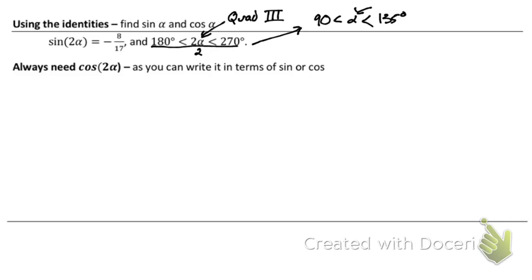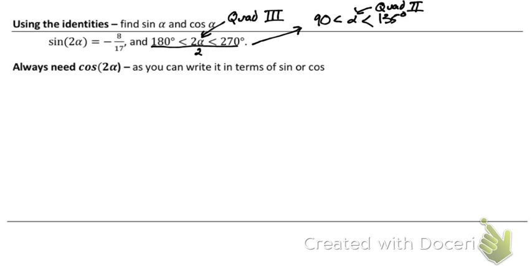So that means anytime I'm talking about alpha, I'm in quadrant 2. So if I were to say something like cosine of 2 alpha, I'm talking quadrant 3. If I say cosine of alpha, I'm in quadrant 2. Really, the only time you care about it is when you get down to your final answers.